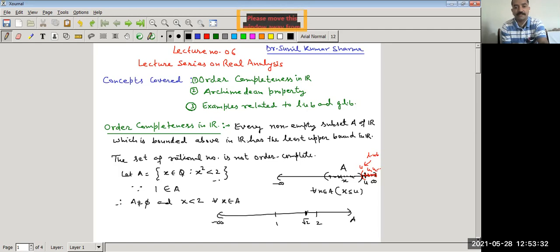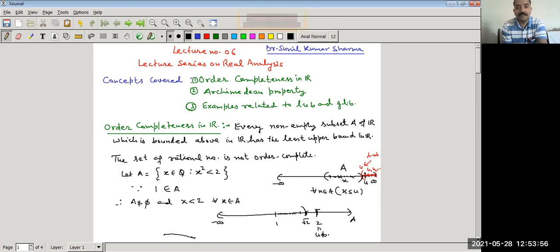Because x square is less than 2, so x is less than root 2. Now this is our set, and all the elements are less than root 2. Since all the elements of set A are also less than 2, 2 is an upper bound. So this is an upper bound of set A.